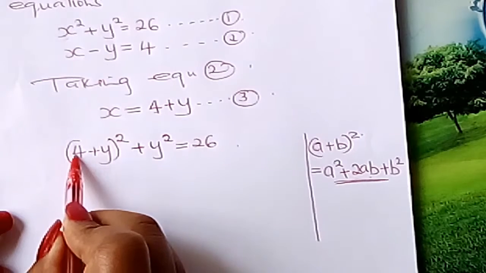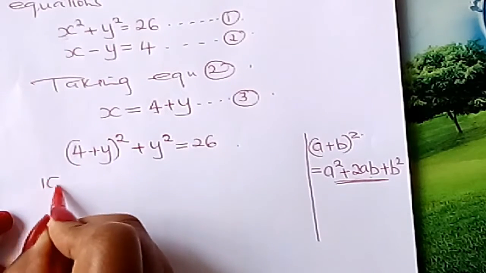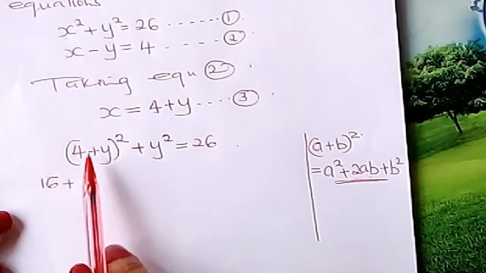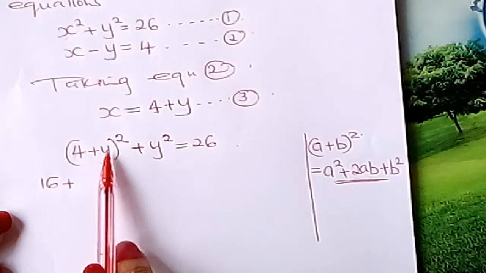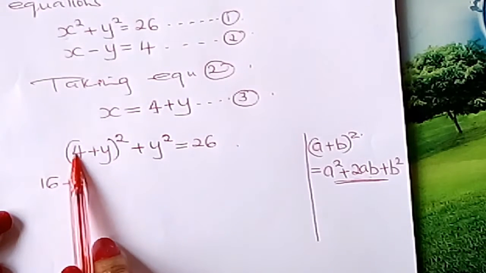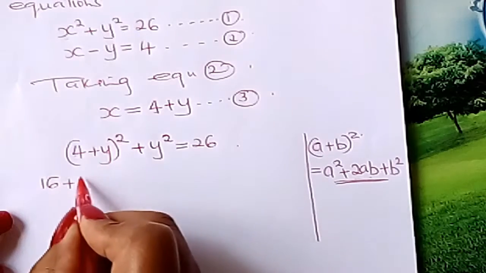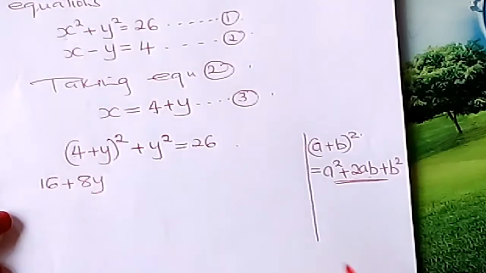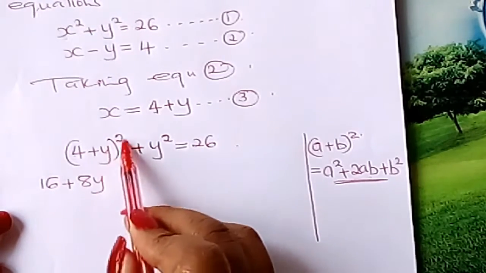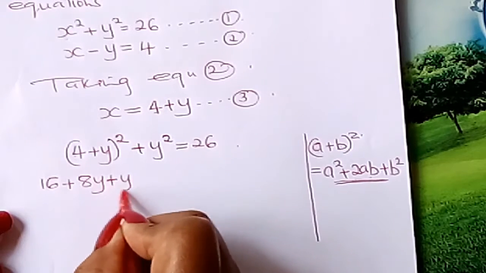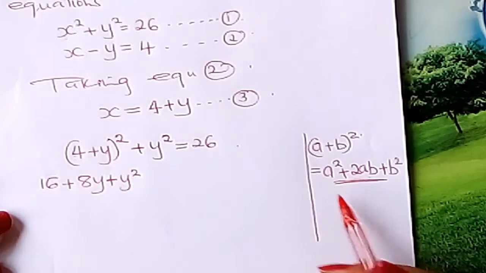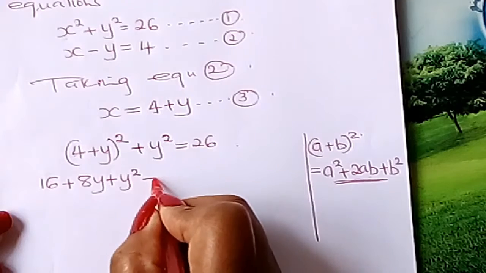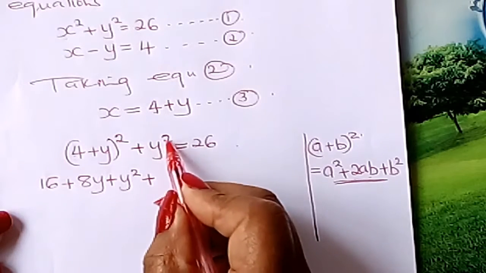So this is 4 squared, which is 16, learner, plus the middle term, which is 2 times the first times the second. 2 times 4 is 8, times y is 8y. Then y squared. I've expanded it using this quadratic identity. Then do not forget you had y squared here.